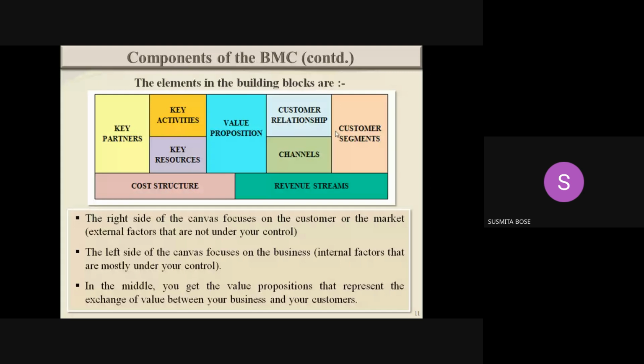The left side of the canvas focuses on the business's internal factors that are mostly under the control of the business. That is the key resources, key activities, key partners. These are under the control of the business. And in the middle, there is the value proposition that represents the exchange of value between your business and your customers.